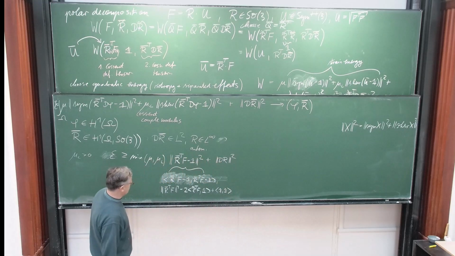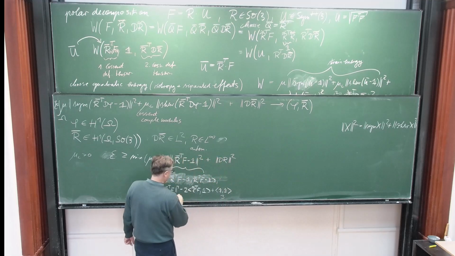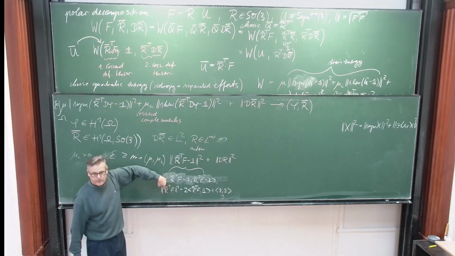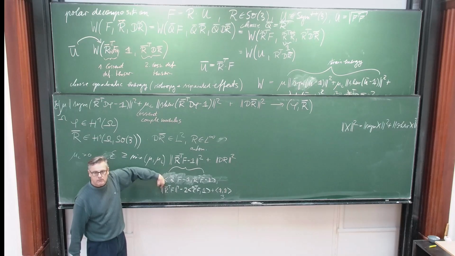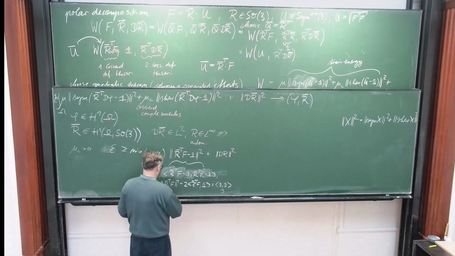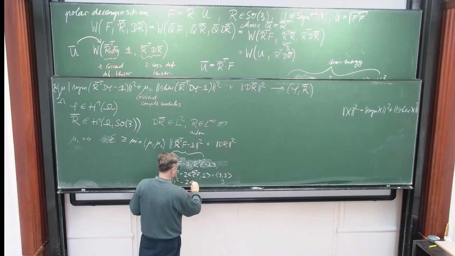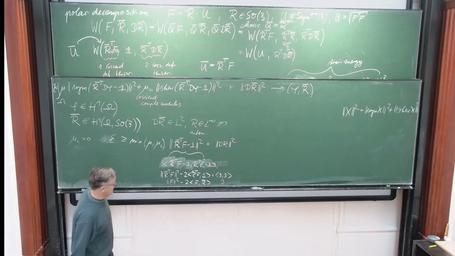So what do you see here? This is 3. This is what it is, and the length of a vector is invariant under rotation, so this is just F. So I have here F squared minus 2 times F times rotation, I just use properties of the scalar product to put the rotation on the other side, plus 3.